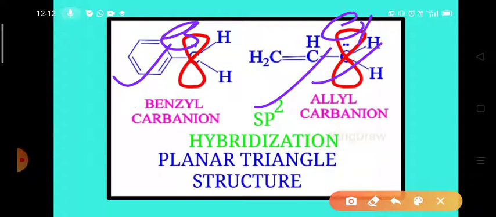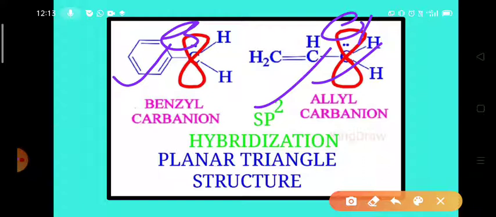If it goes sp3 hybridization, then there will be no chance for resonance. So that's why in the benzyl carbanion and in the allyl carbanion, the hybridization of the negatively charged carbon, that means the carbanionic carbon, is sp2, and this is the special point we have to remember.